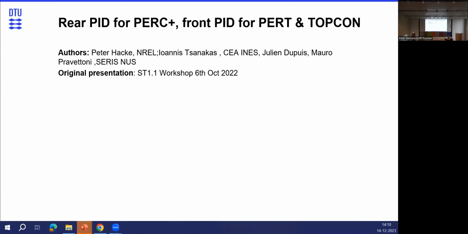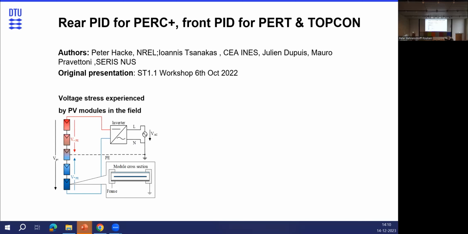This work is spearheaded by Peter Hacke and some of the colleagues there, including us. For those of you who are not aware of PID, all modules that are installed and operating in the field are being stressed by voltage. There's a voltage between the frame, which is grounded for safety, and the cells themselves.